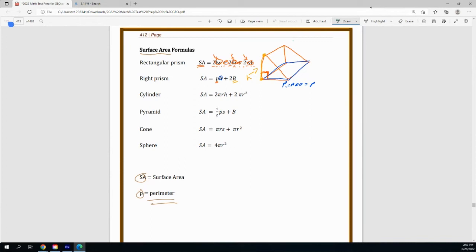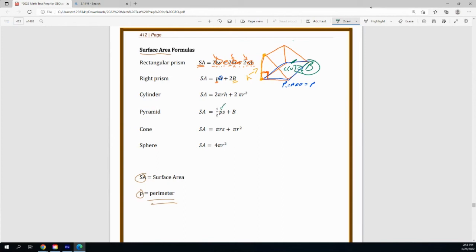Big B says take the width, take whatever that is, multiply it times that, because that would be a rectangle. That would be length times width, and that would be equal to big B. Whatever that number is, that is now big B.